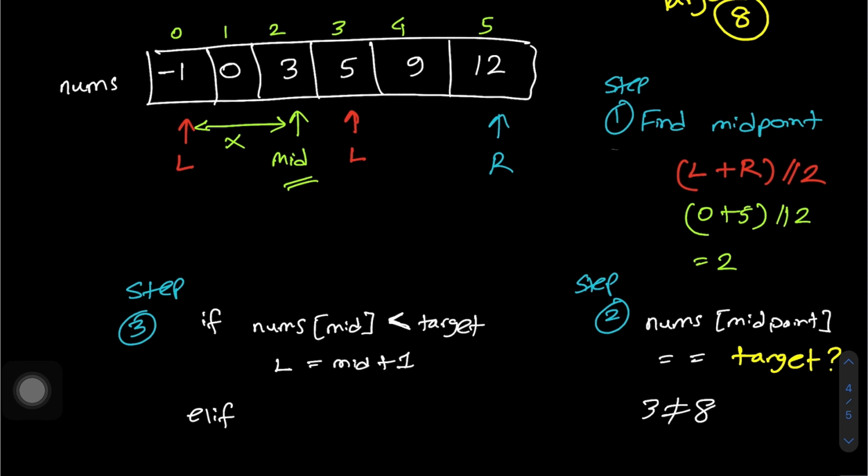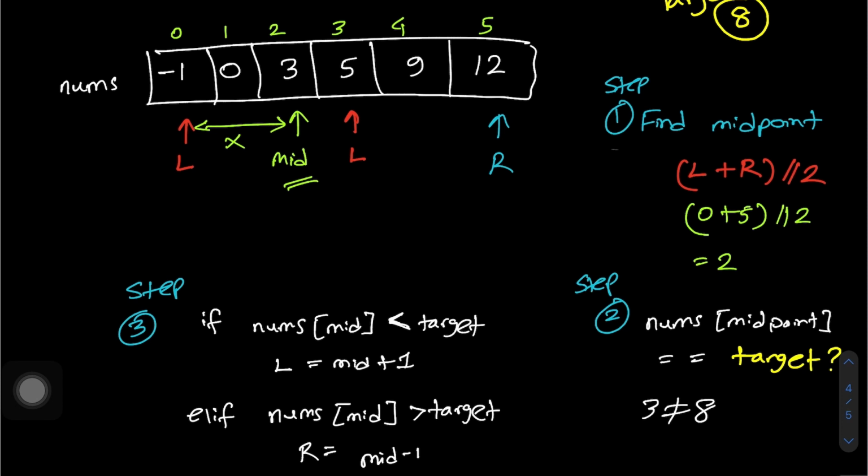Else if nums of mid, the value that we found at the middle pointer, is greater than the target, then what do we do? What we would do is change the right pointer's value. And where would the right pointer be? It would be mid minus 1.